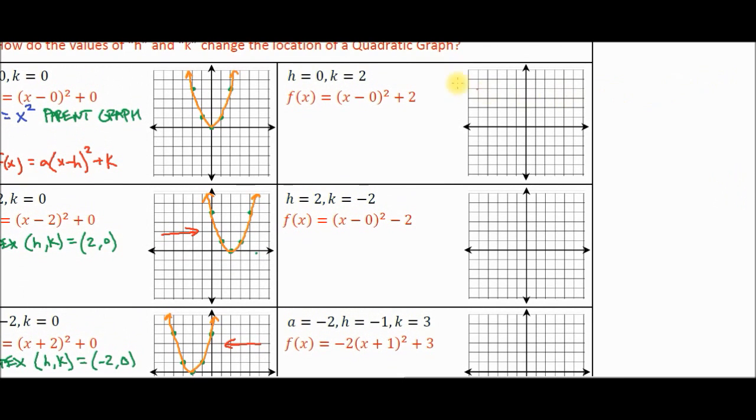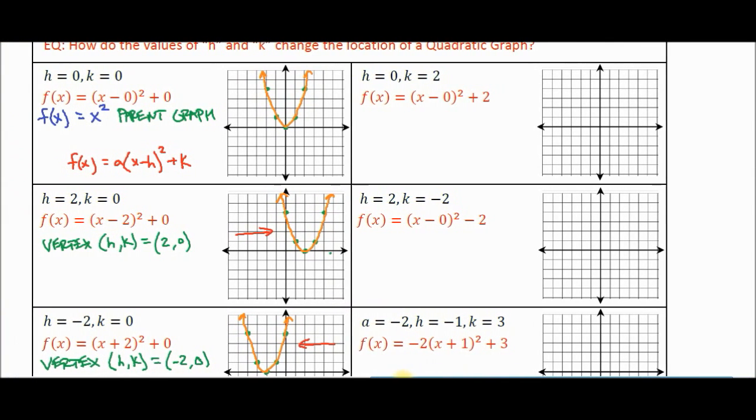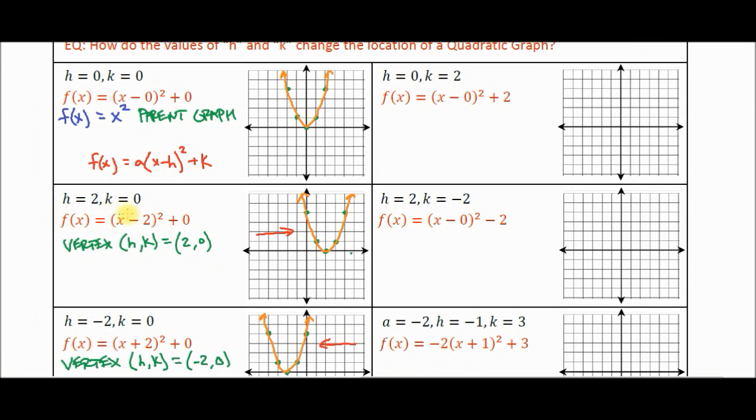So now we have a sample where h is 0 and k is equal to 2. By the way, you can rewrite this equation. On these two equations here, I could have written this as f of x is equal to (x minus 2) quantity squared.